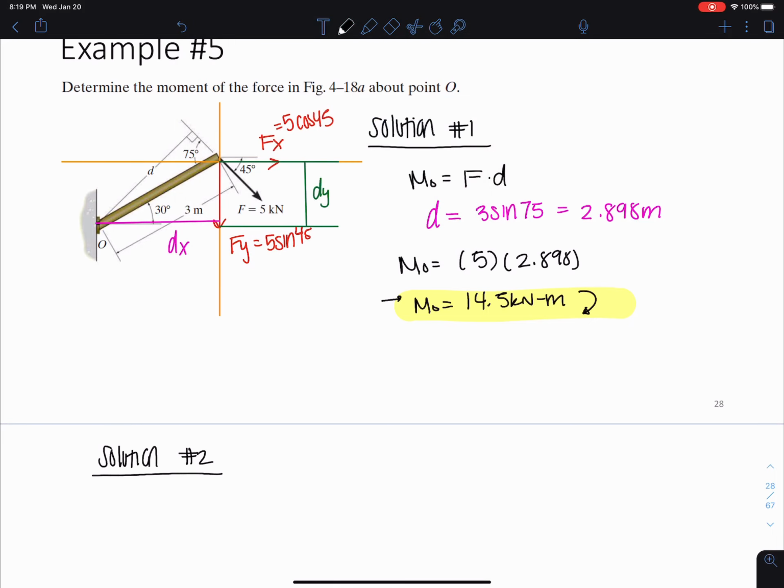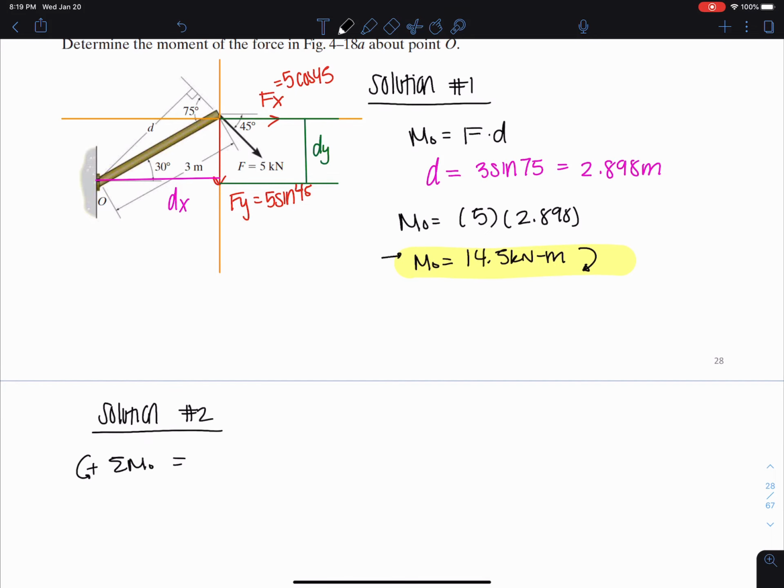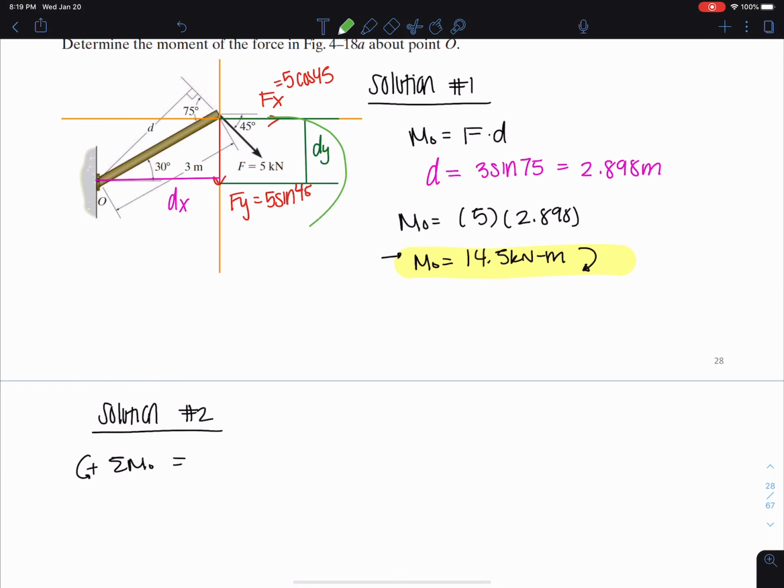So now what we can do is split this up. We can say the sum of the moments about point O, counterclockwise is positive, is equal to, now Fx is going to produce clockwise rotation, so it's going to be negative.